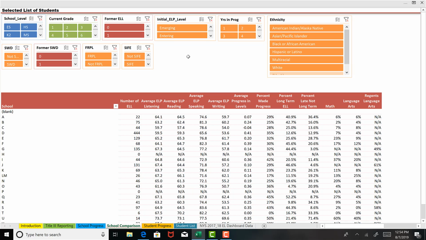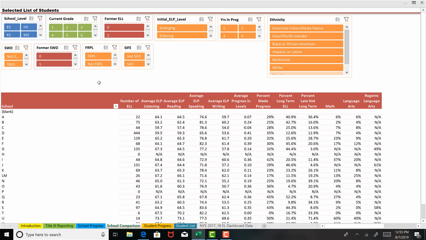The next tab looks at school performance in a little more detail and allows some comparisons so that the district can again use these disaggregation boxes to focus on some specific subsets of students. And the results that are displayed are by school with various outcomes, such as domain outcomes, percent meeting progress long term, and then English language content as well.